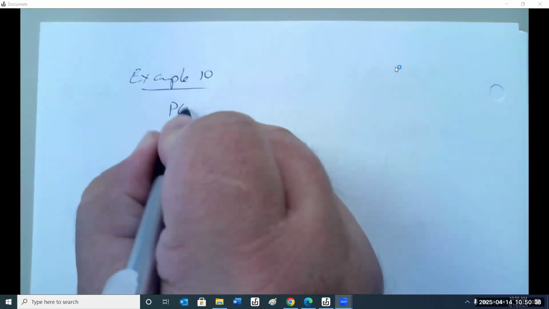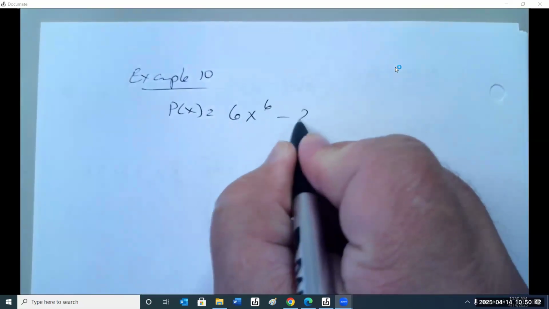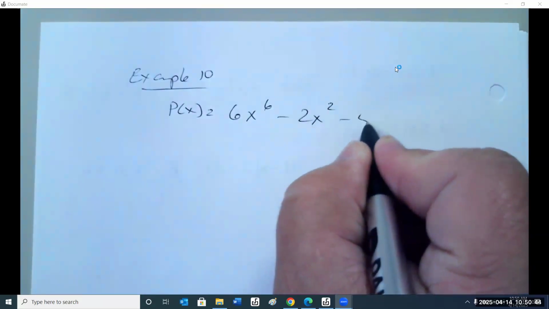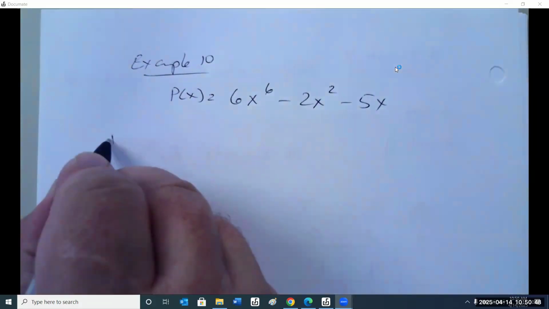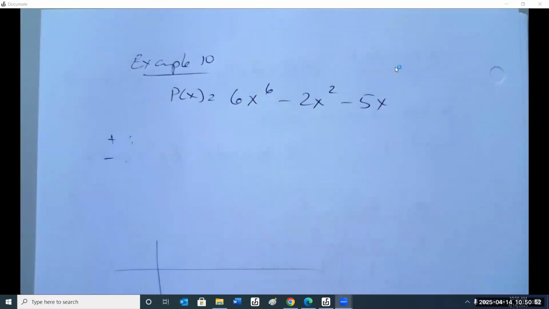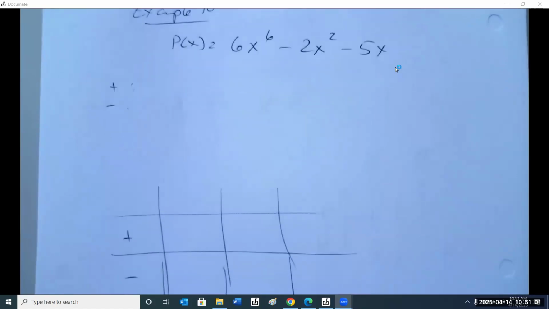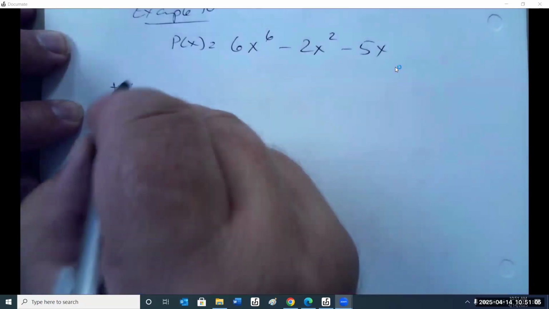Example 10, P of x is equal to 6x to the 6 minus 2x squared minus 5x. So how many positives, how many negatives? Yes, 1 positive.